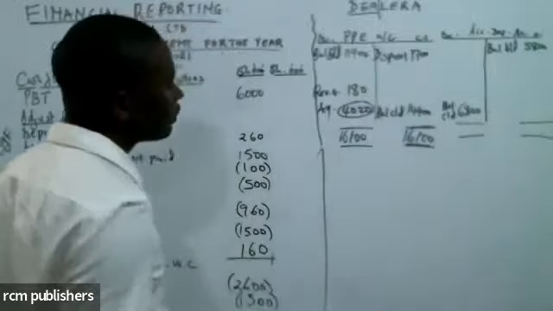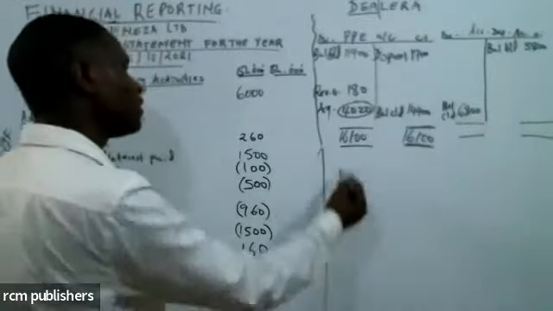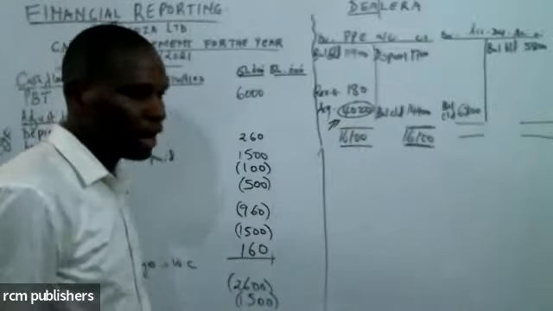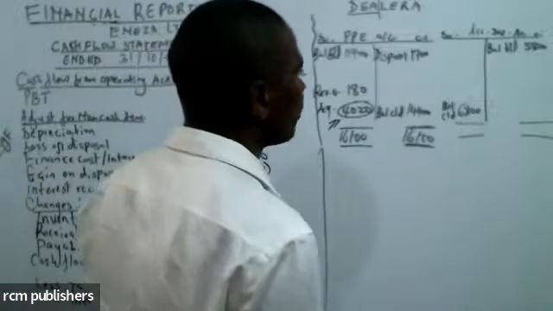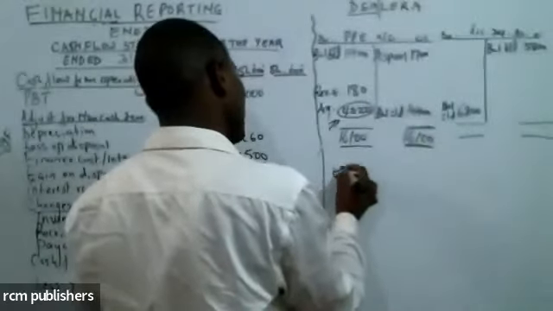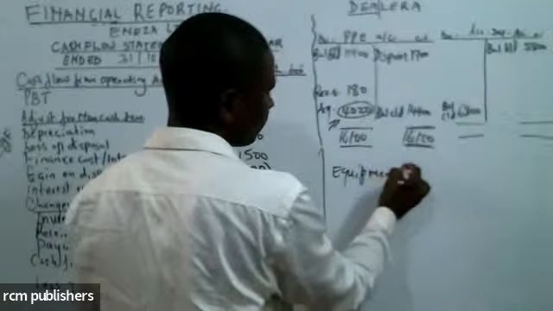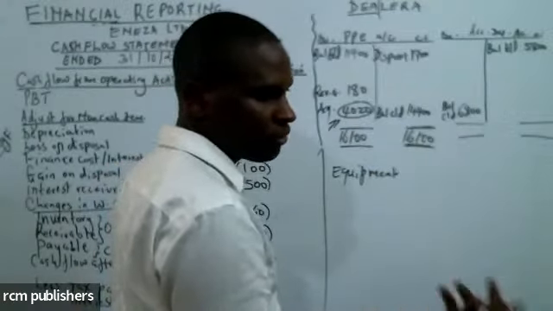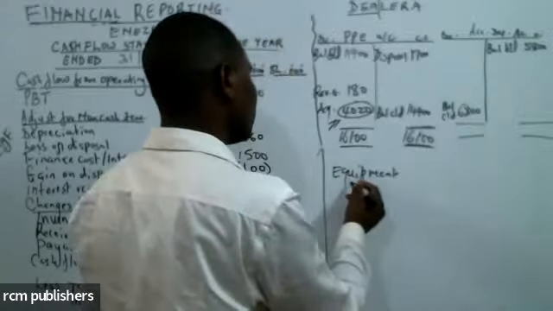Now class, when you shall be looking at the cash flow from investment activity, this acquisition will be an outflow, because cash was spent. Now, what is the net book value of this equipment? We want to see the reduction in value of this equipment.